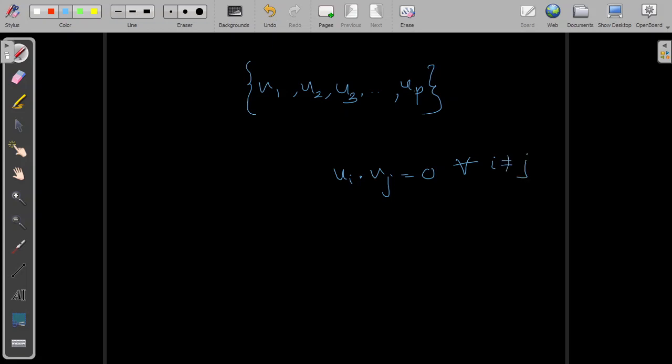This is the condition. For every i not equal to j, if all distinct vectors satisfy this inner product relation, that is ui dot uj equal to 0, then we can say that is an orthogonal set.